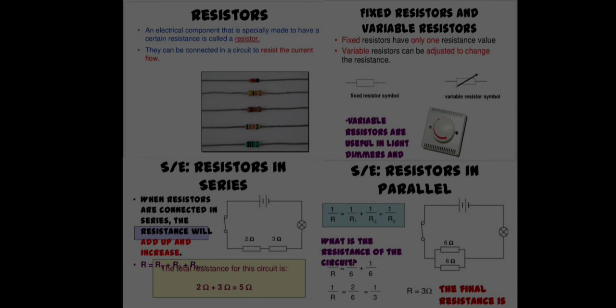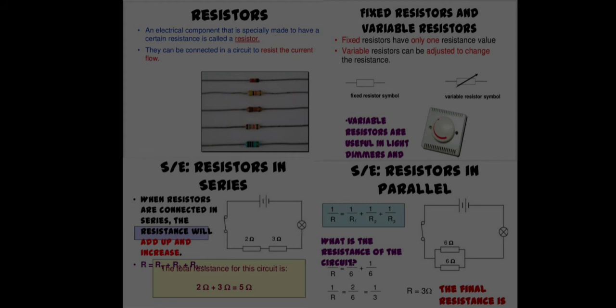Fixed resistors have only one resistance, and on the other hand, variable resistors can be adjusted to change the resistance.